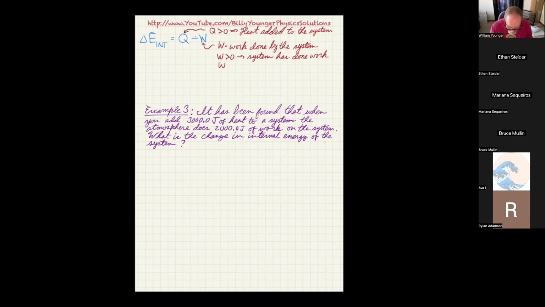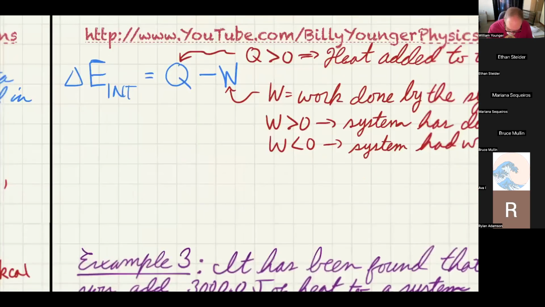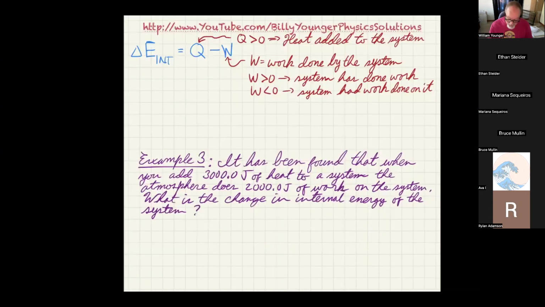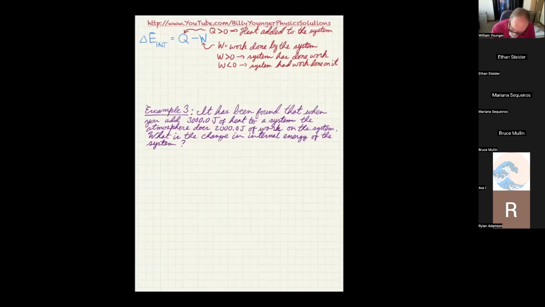And if W is less than 0, the system had work done on it. Okay, so that's the key difference. When you studied this in chemistry, more than likely you had Q plus W, and that's the difference.